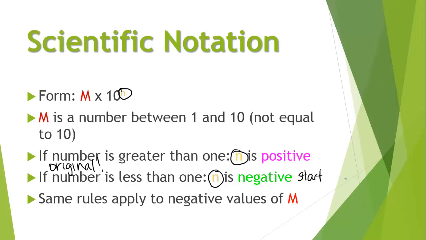If you have a very small number like 0.00000001, this is a number less than 1. It's a number that starts with a decimal point. Positive exponents, numbers that are greater than 1, are going to be like 1,000. They don't start with a decimal point.